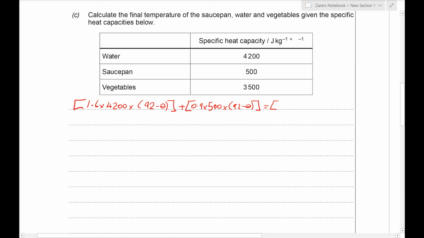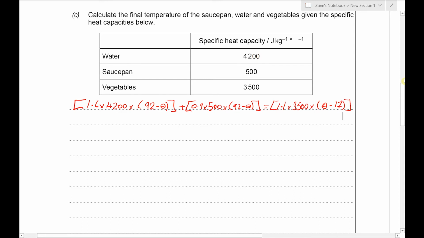And that will be equal to the energy gained by the vegetables, 1.1 kilograms of specific heat capacity, 3,500. And this time we're going to write the temperature change as theta minus 17. Because the temperature at the end, theta, is going to be bigger than 17, and we need this bracket to be a positive number.